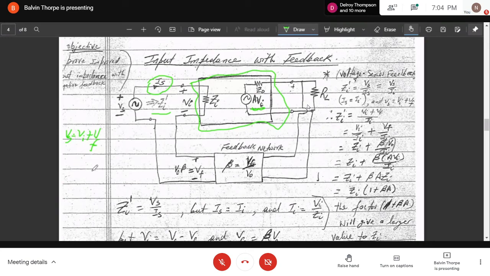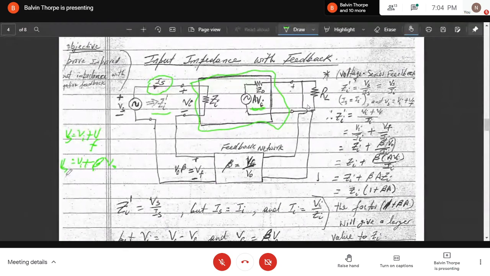Okay. Since VS equals that, we can write it back as VI plus beta VO. We could write that because we know what VF is.